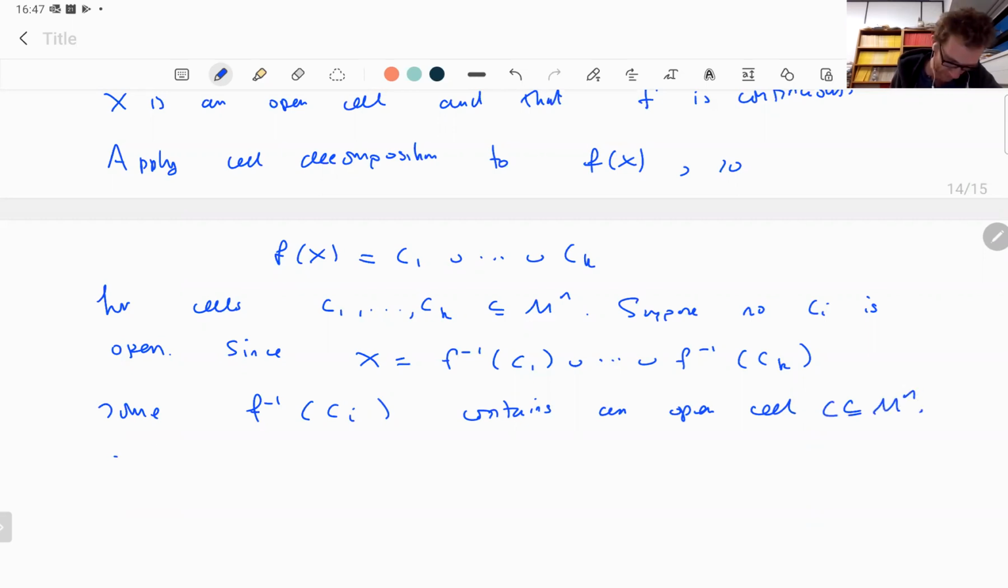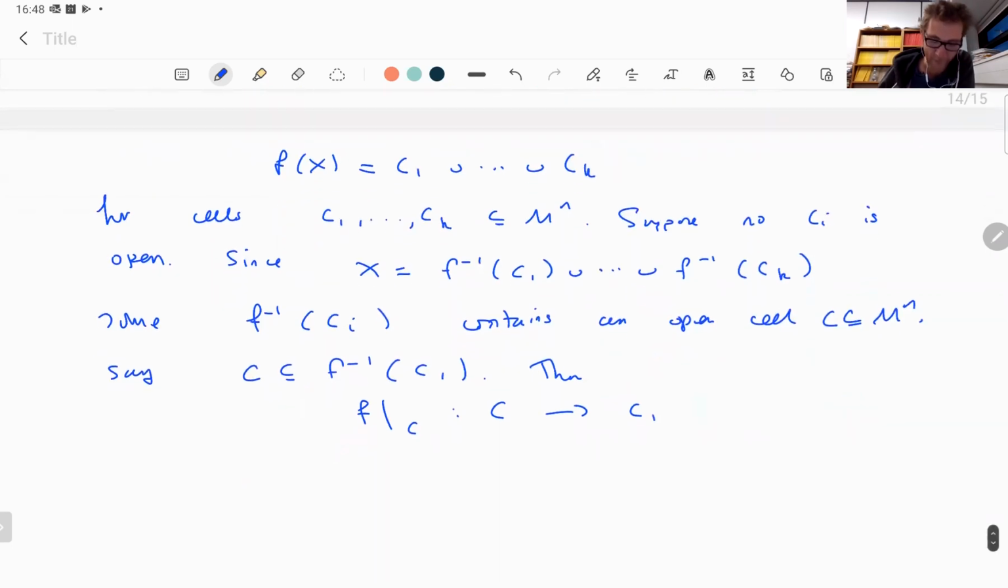So let's say C is contained in f inverse of C1. Okay, so then if I look at the restriction of f to C, let's send C to C1, that's continuous, definable, and injective.